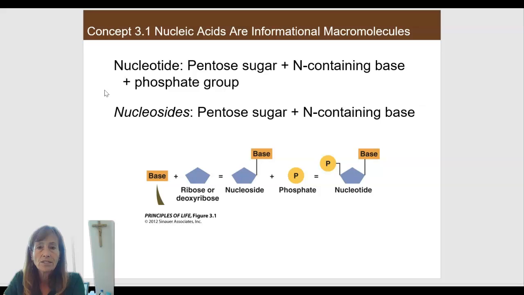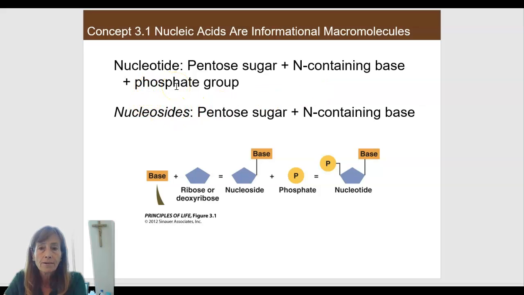And all nucleotides are made up of a sugar, so a pentose sugar, remember that pentose means that it has 5 carbons. It's going to have a nitrogen base, or sometimes called a nitrogenous base, and a functional group, the phosphate group.